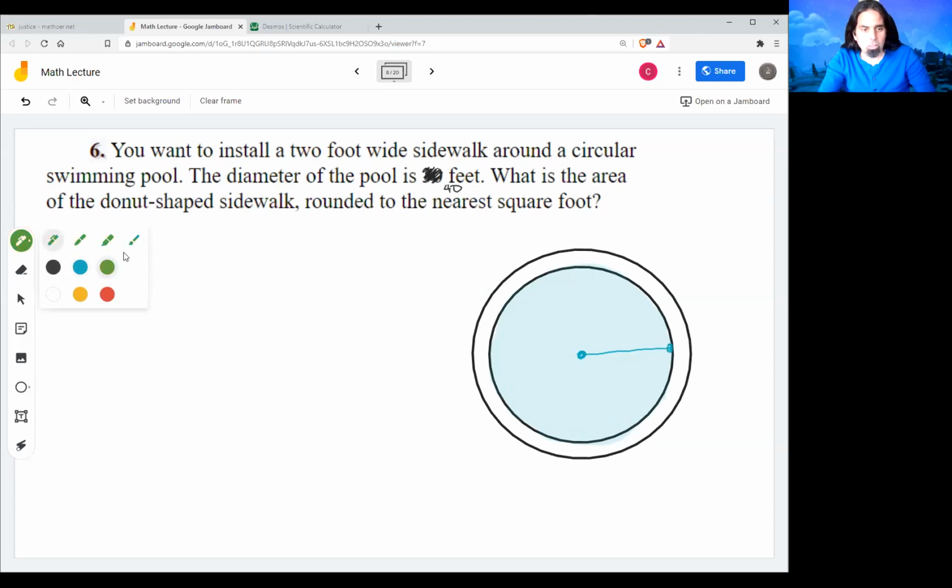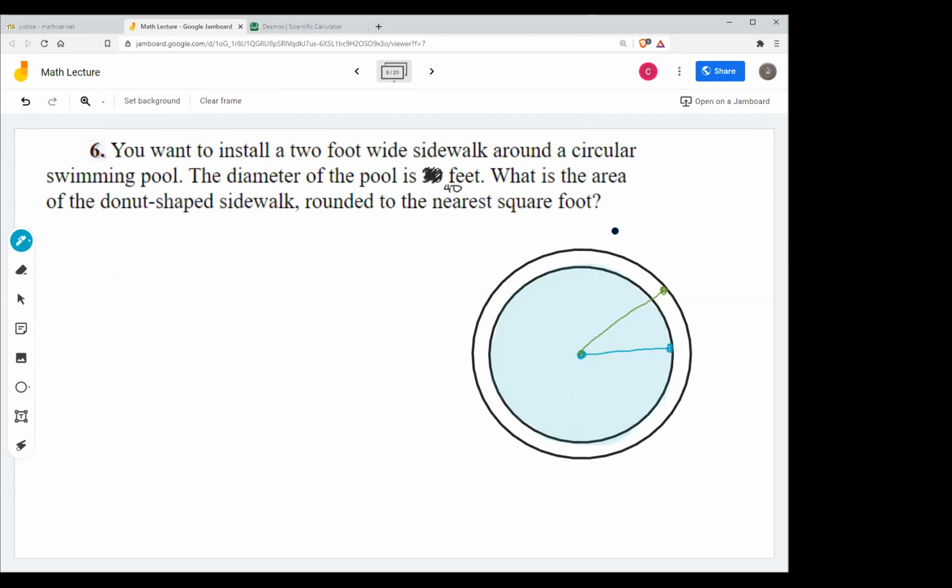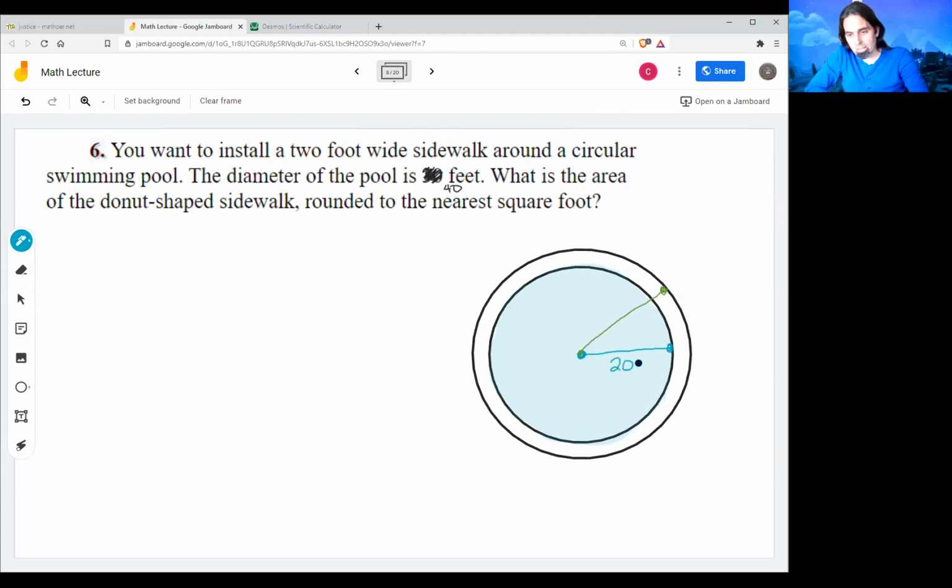So for one of them, I have this radius. And for the other one, I'll have a slightly bigger line. So how big is my blue radius for the inside circle? 20. It was 40 all the way across, so half must be 20.